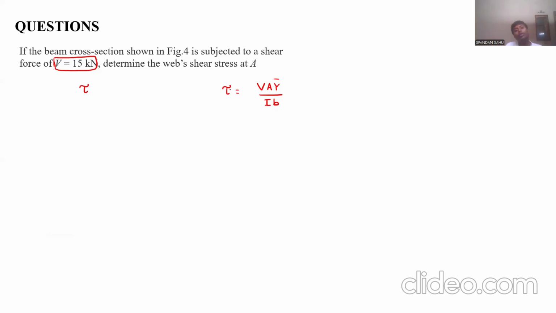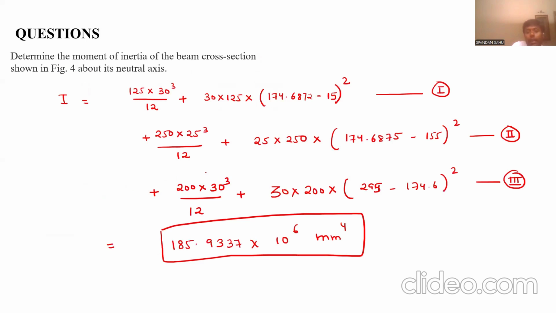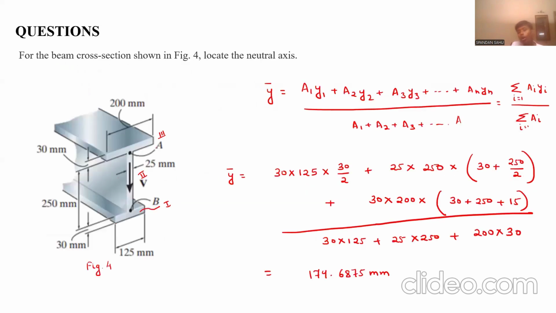Now we have to calculate tau at this point A. So let us calculate tau at A, which will be V. V is nothing but 15 into 10 power 3 Newton. Area will be the portion of the area above this point A. How much area is involved in taking up the shear?